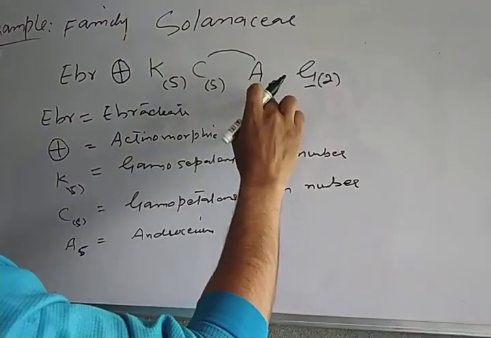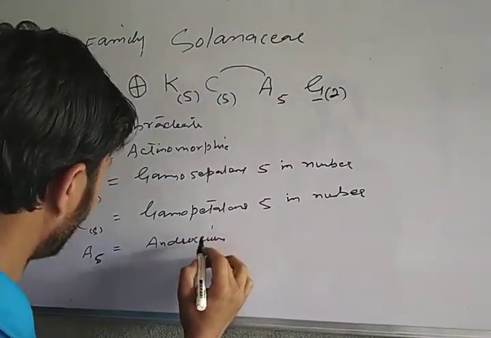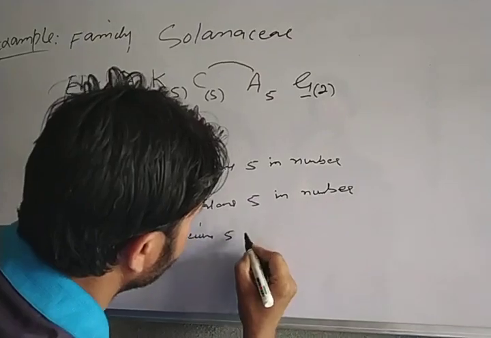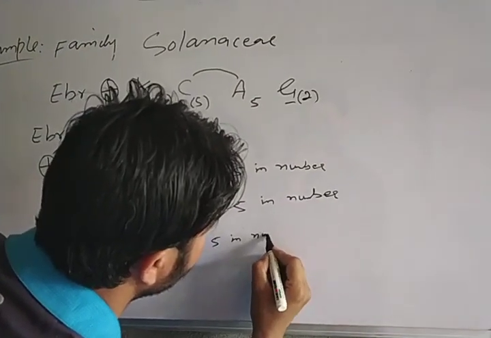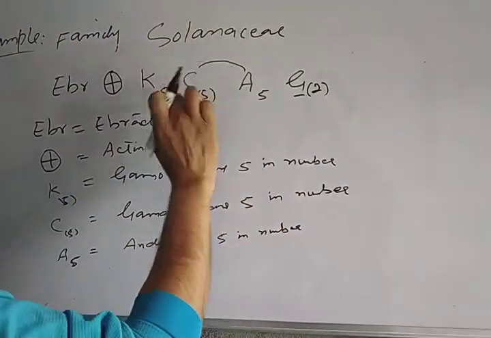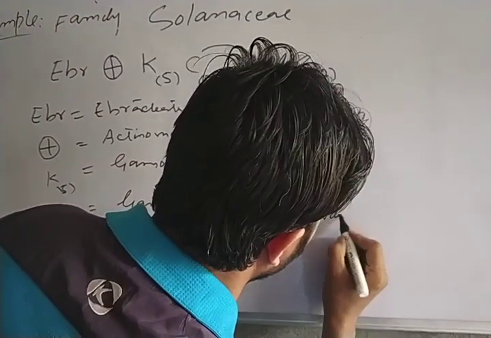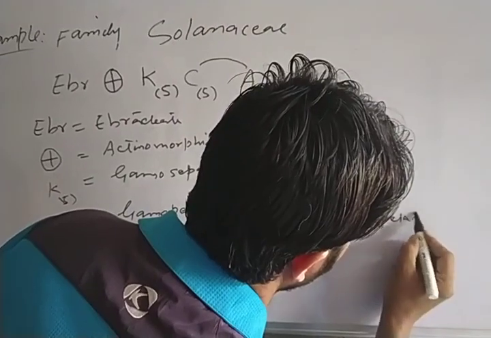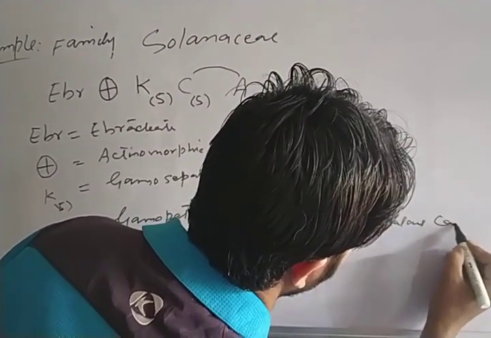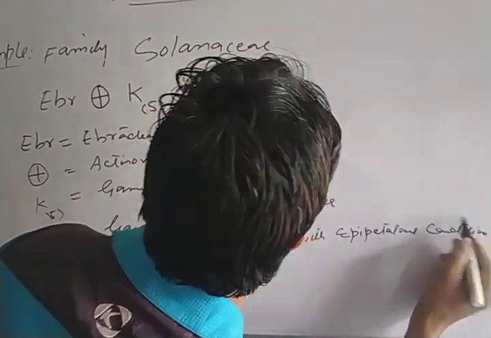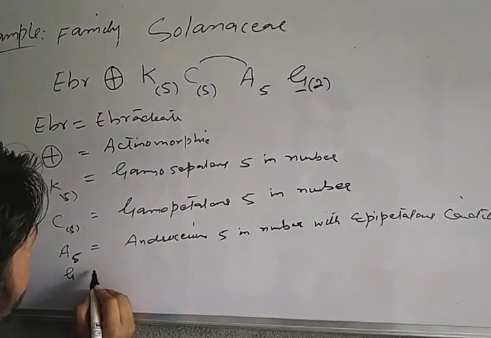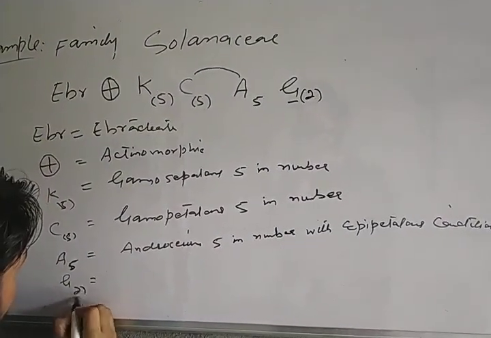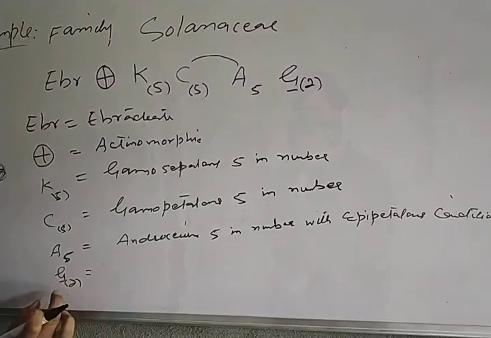Androecium 5 in number with epipetalous condition. And what does G represent? G2 represents ovary superior.